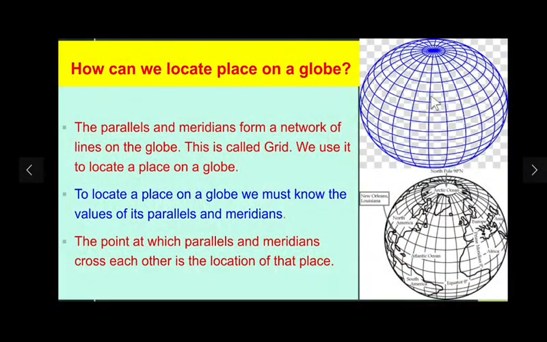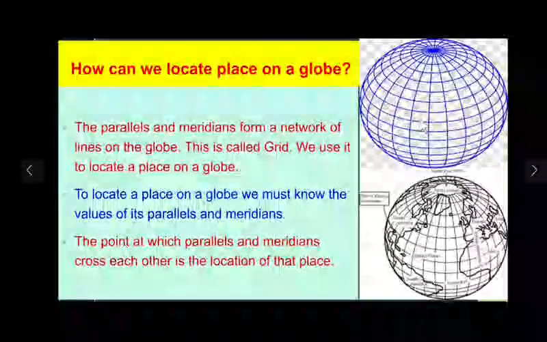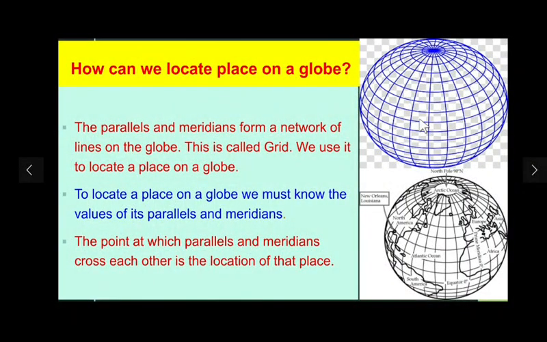We use it to locate a place on a globe. So we can say that if one or the other is missing, either parallel or meridian, we cannot locate a place on a globe. It is necessary to have parallel and meridian both together when we need to locate a place on a globe.